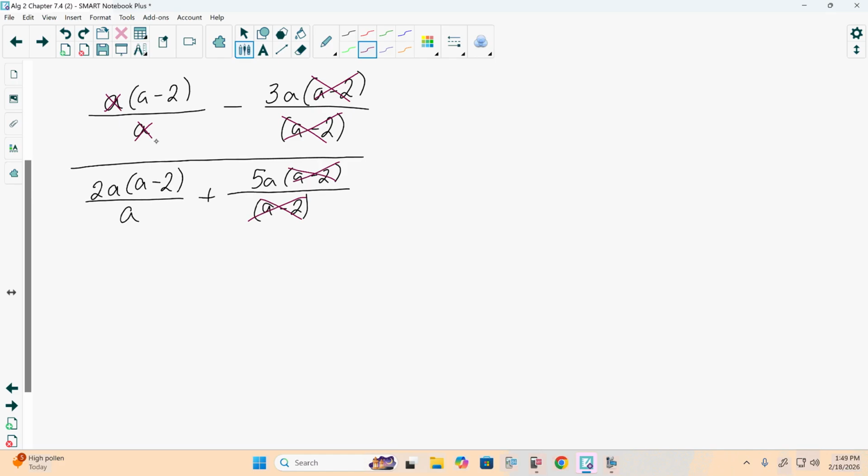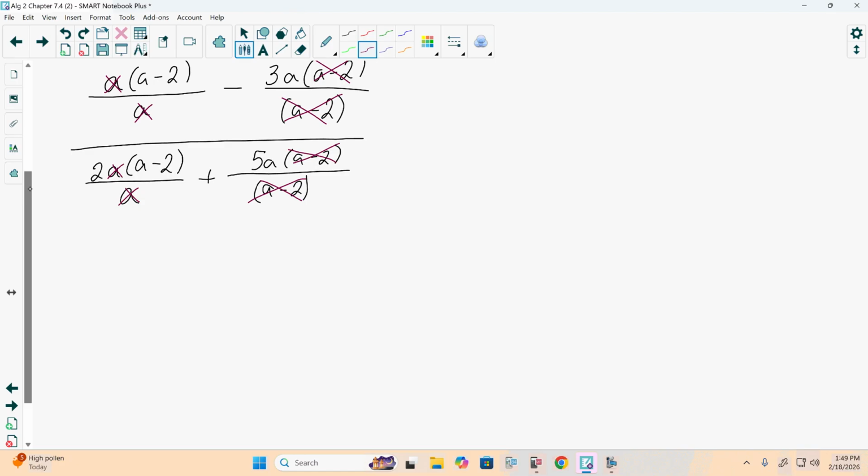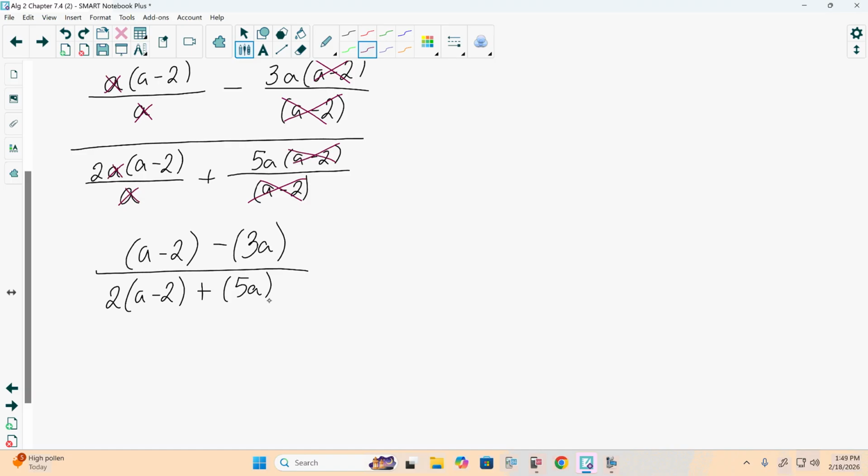Addition and subtraction is not there to prevent us from simplifying. Same thing is true on bottom. The a over a simplifies. So the numerator, the top of this fraction, what I'm left with is a minus 2 minus 3a. And on bottom we have the 2 and a minus 2 plus 5a.